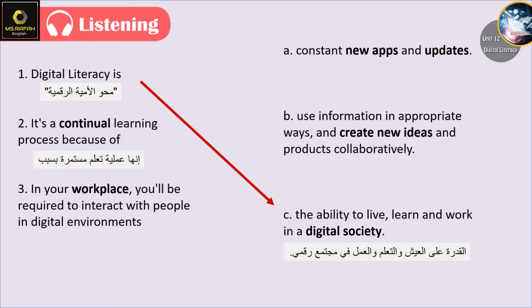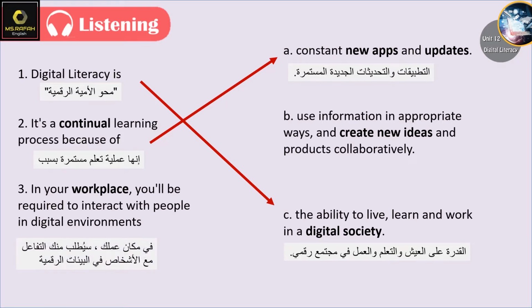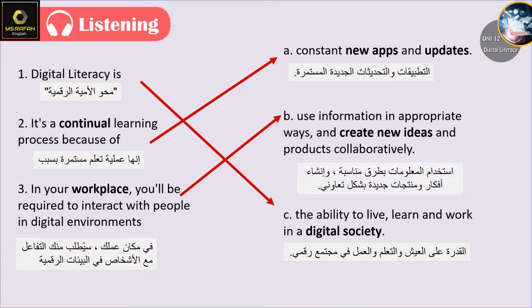It is a continual learning process because of constant new apps and updates. In your workplace, you'll be required to interact with people in digital environments, use information in appropriate ways, and create new ideas and products collaboratively.